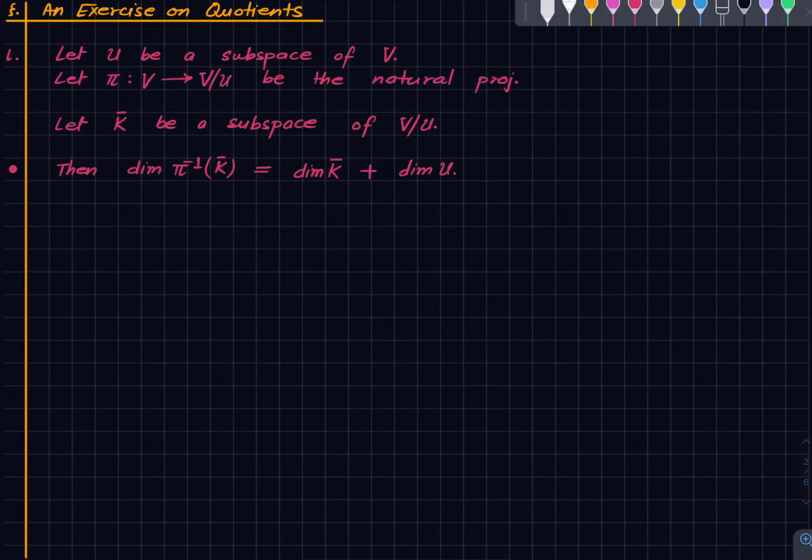So we have this map pi. This is obviously a surjective linear map. All right, and we have this subspace of the quotient, K bar. So what we can do is we can take its preimage under pi.